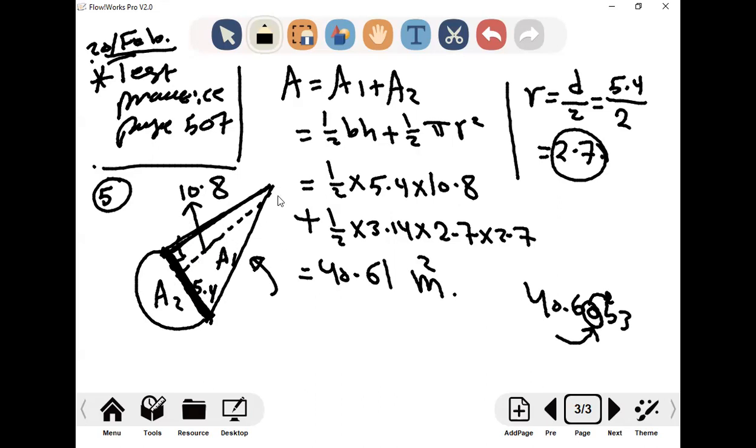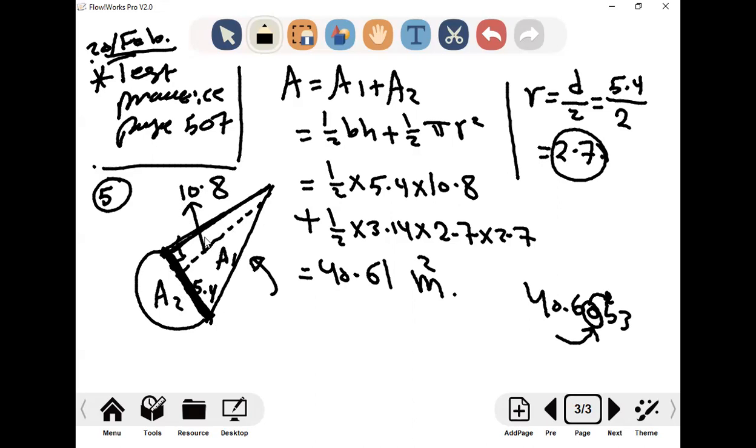Each one of them has its own formula. This is for the triangle, and this is for the half circle. Do you understand? If you have a full circle, no need for this half, right? So here half BH, the base of the triangle, this one, 5.4. The height of the triangle, the given number, is 10.8. This is the height, this is the base, or this is the base and this is the height.